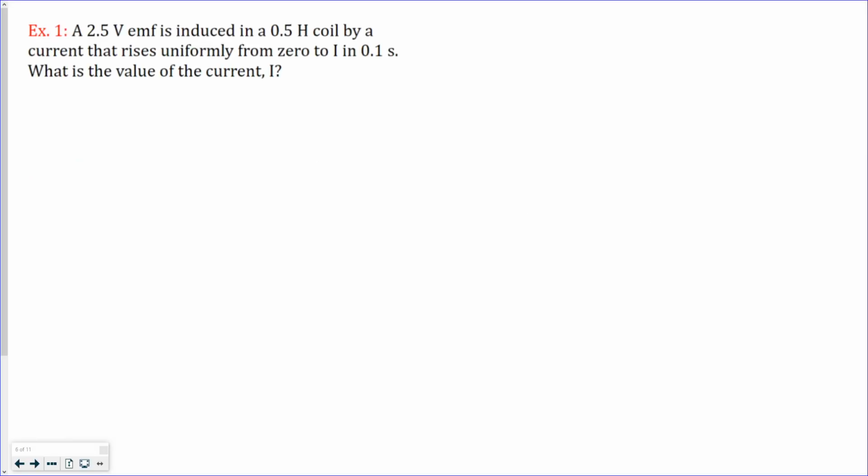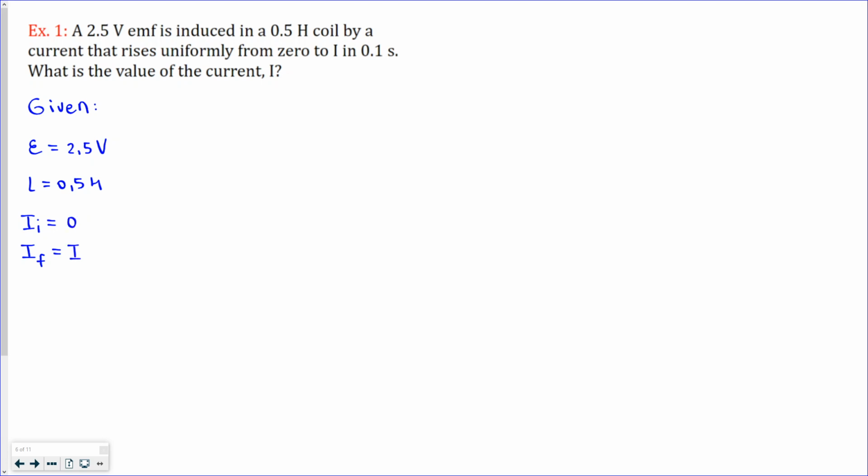So this is the first problem. First of all, let's write the givens. So EMF produced is 2.5 volts and the inductance is 0.5 Henry, and current rises uniformly from 0 to I. So it means I final is I, and initial is 0.